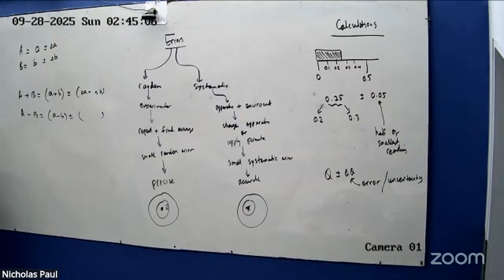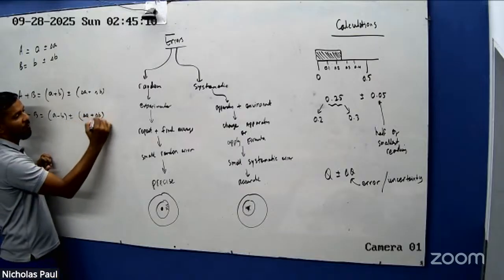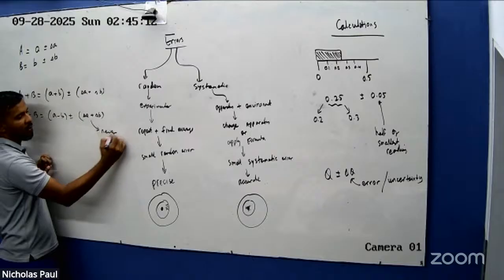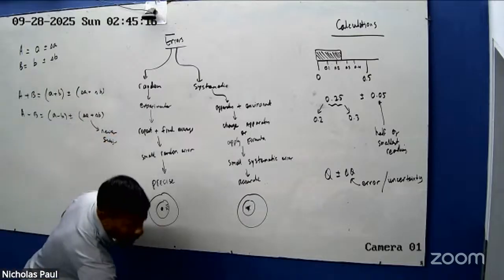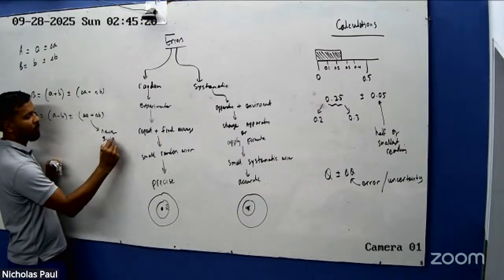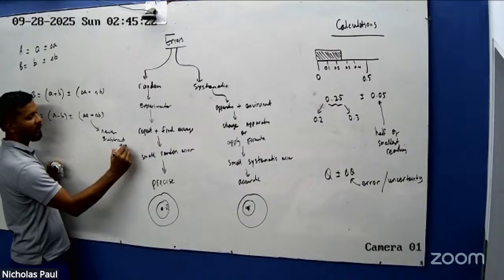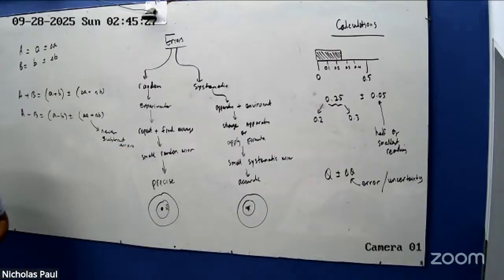So in short, we never subtract errors. Never subtract. If you use an apparatus 10 times, you have 10 sets of errors. Every piece of apparatus has error.